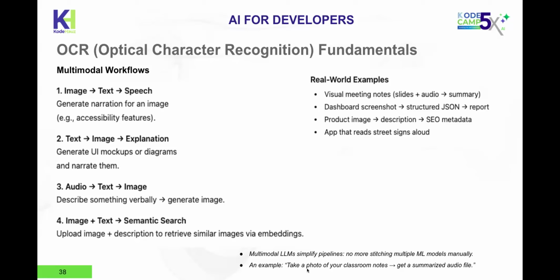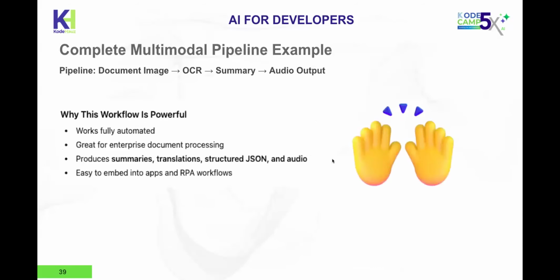For example, you can take a photo of your classroom notes and immediately get a summarized audio file. That's the power of multimodal. So this is a hands-on we can do, where you take an image, you do OCR, you do summary, and you do audio output.